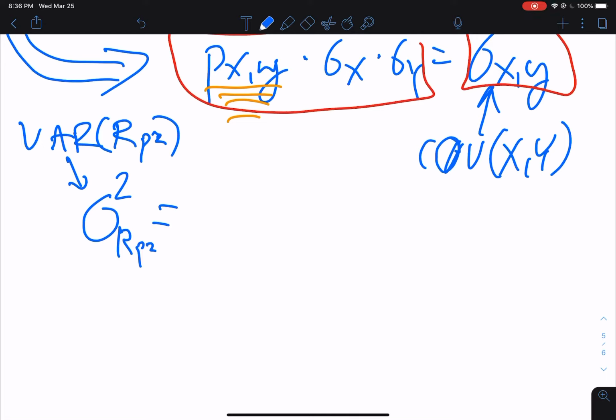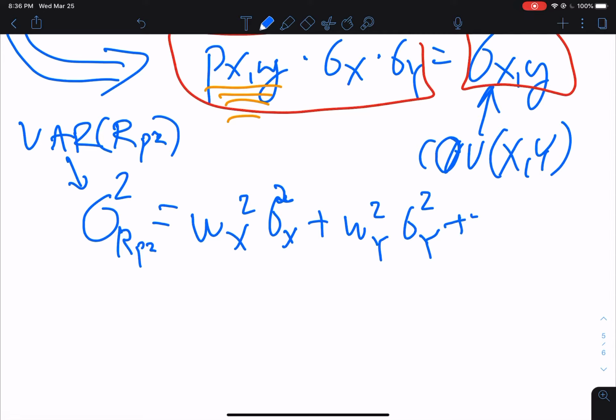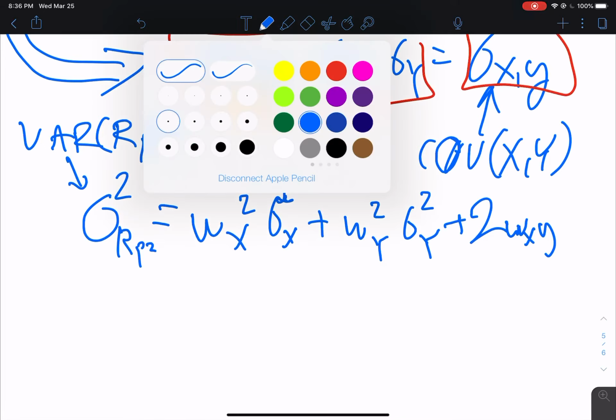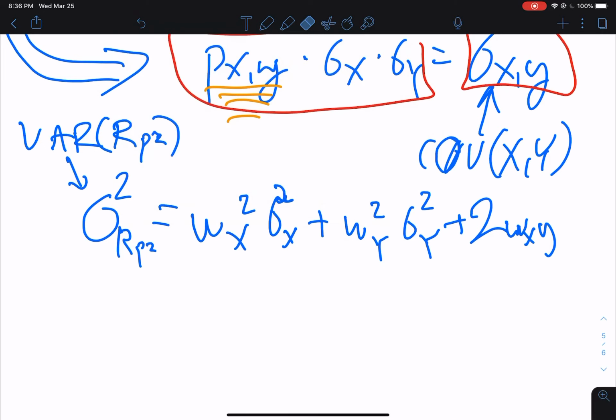That's equal to, if we have x and y, the weight in x squared, sigma square x, plus the weight in y squared, sigma square y, plus two times the weight in x times the weight in y, covar x, y, right?